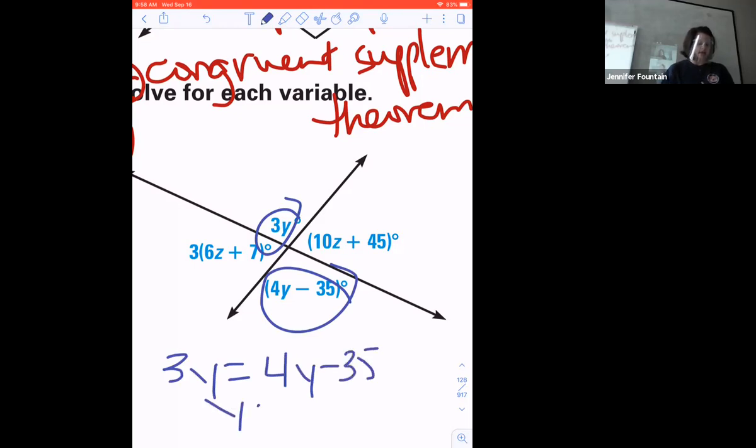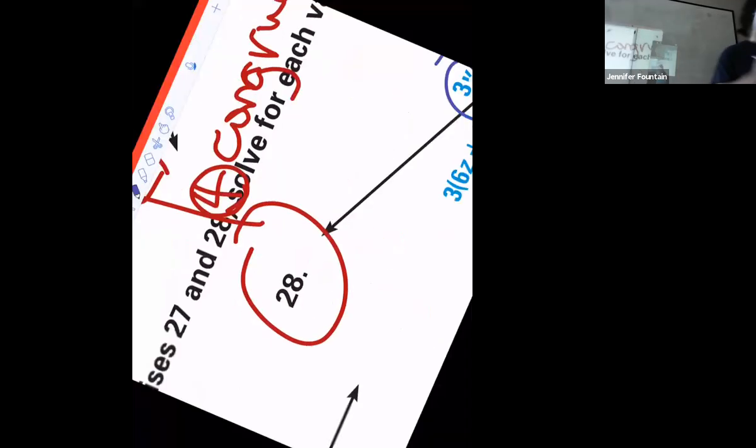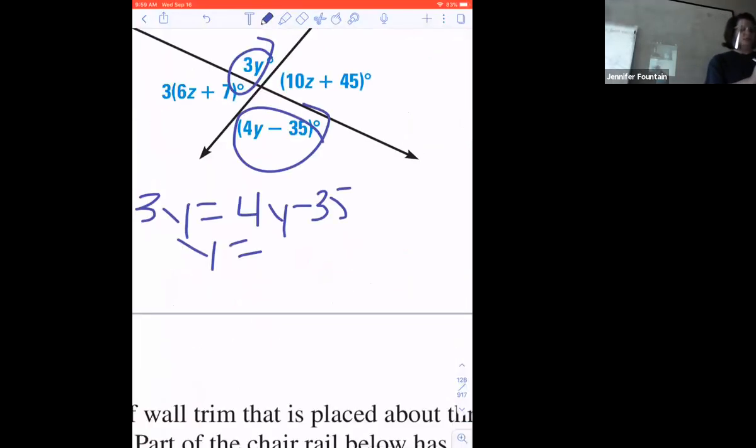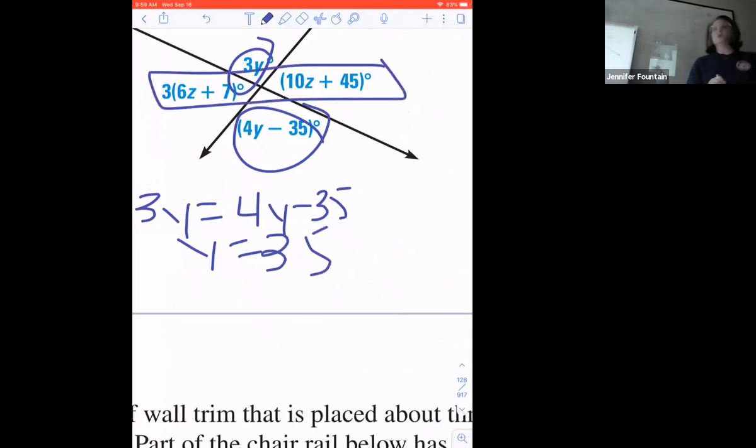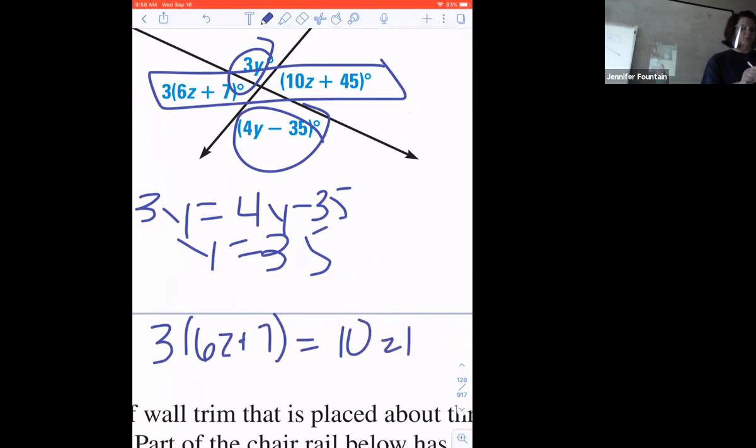So what does y end up equaling there? Y equals 35 when you solve that. Okay, and then we can also see that these two are equal to each other. So you would set up 3 times 6z plus 7 equals 10z plus 45. So what do you end up finding that z is equal to?